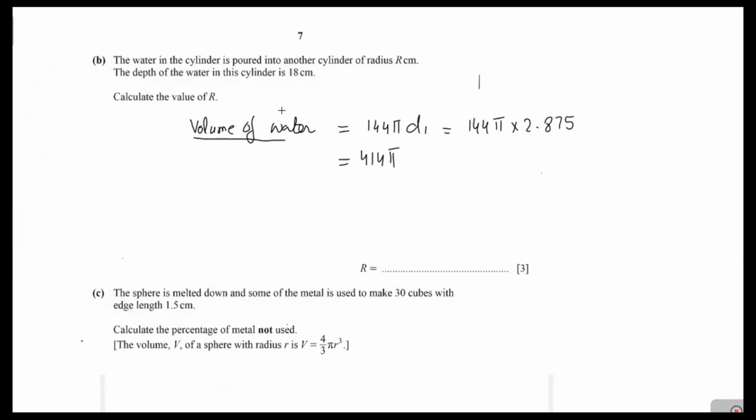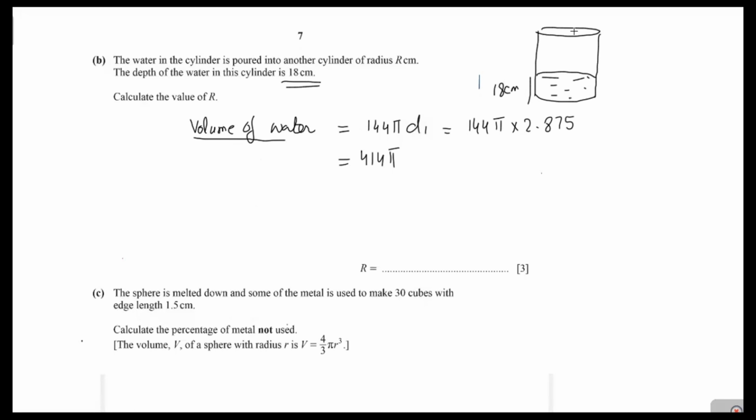Now, this volume of water is poured into another cylinder, where the depth of the water is 18 centimeter. Therefore, suppose that this is the cylinder in which the water is poured, and suppose that this depth of water is 18 centimeter.